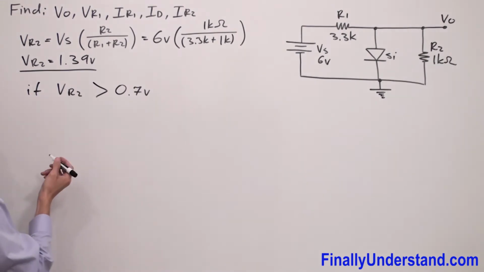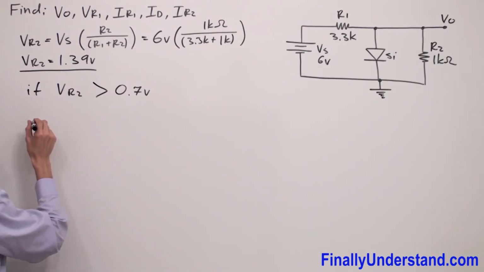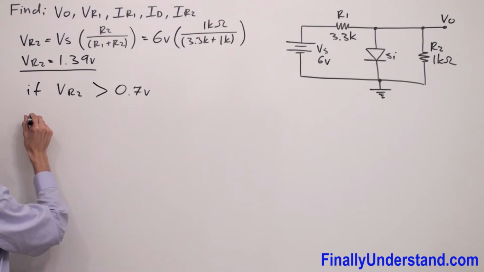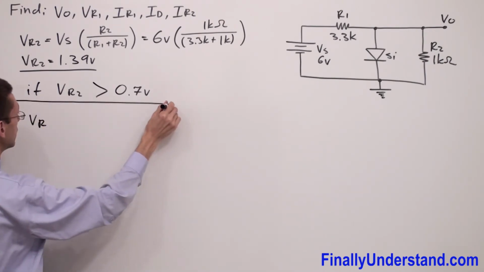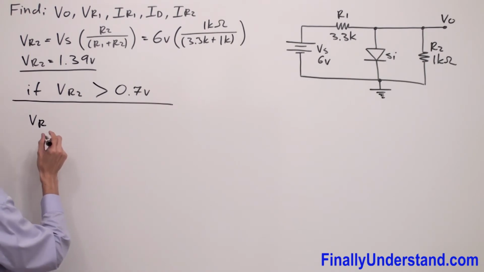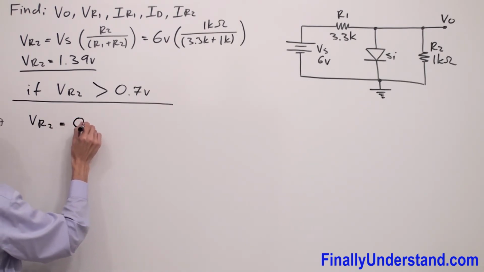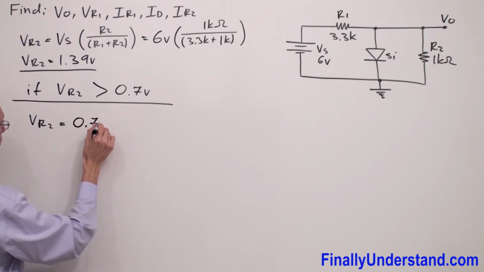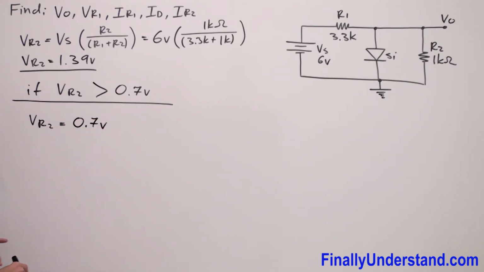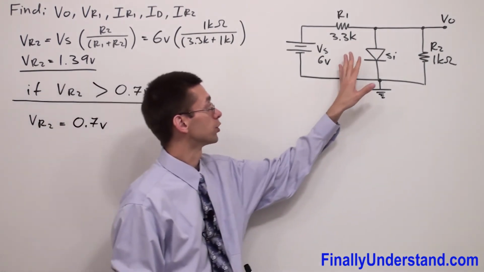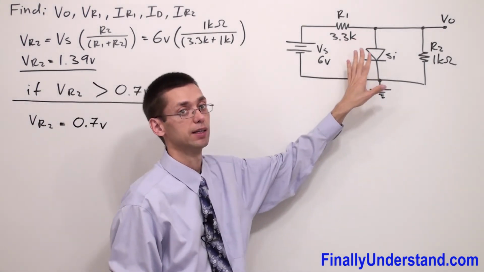So it means that VR2, don't forget it was the test, is equal to 0.7 volts. Now I'm talking about the situation when the diode is back in the circuit.